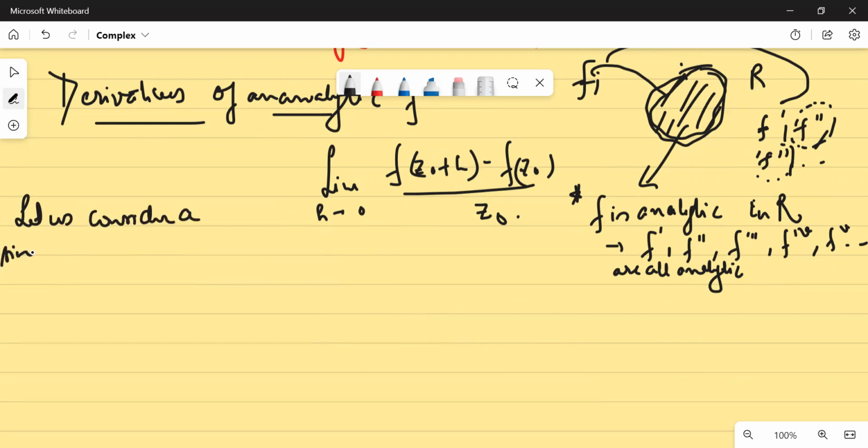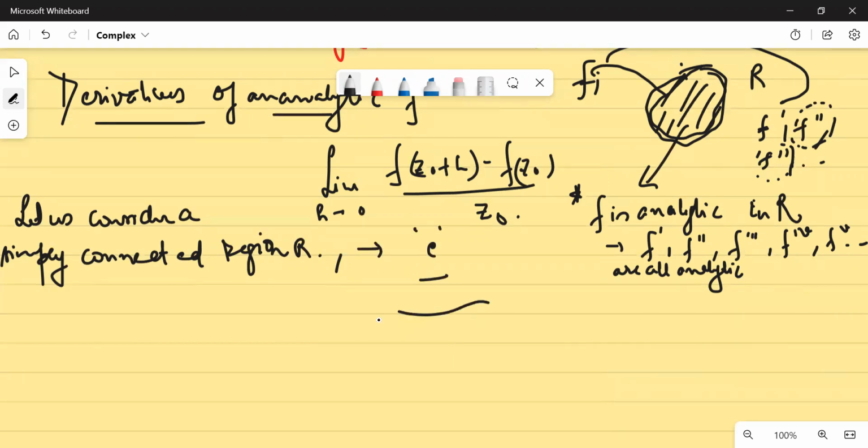Now what I do, let us consider a simply connected region R, and let's say inside there is a closed curve C, and this is your point z naught, and here is your point z naught plus h.